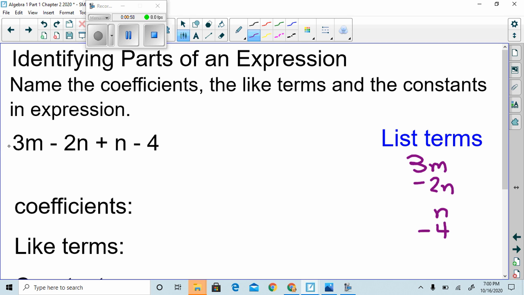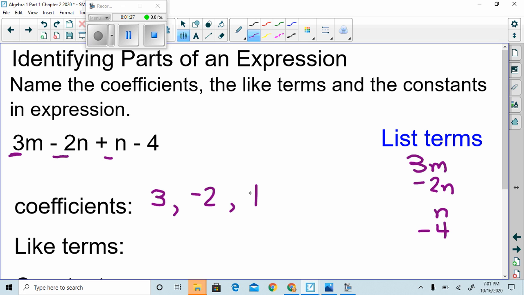Coefficients are numbers that are in front of a variable, numbers that are multiplied by a variable. So we see that in this first expression, 3m, coefficient is 3. In a negative 2n, it's negative 2. In front of the n, well, you say there's no number, but we always know there's a 1. It's understood. So those are my coefficients.